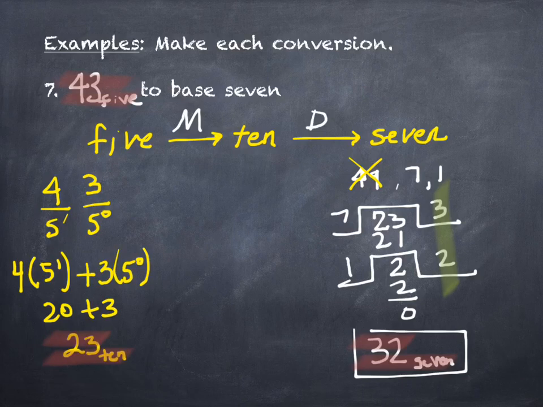So base 5 has a 4, 3 next to it. Smallest base, largest value. Likewise, the biggest base, base 10, has the value 23 next to it, and that looks like the smallest of those three values. Again, one of those check steps you can look at and say, does it make sense? And if you don't have that kind of a correspondence going on, you've made an error and you need to go back and take a look at what that might be.